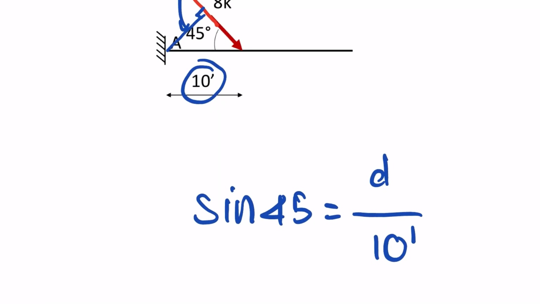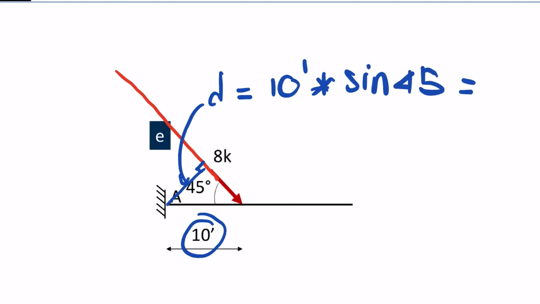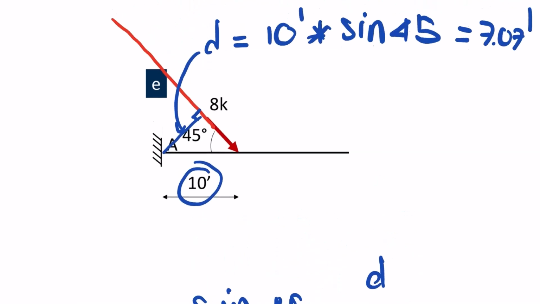So D will just equal 10 multiplied by sine of 45. Sine of 45 equals 10 multiplied by sine of 45. We will have this one equal to 7.07 feet. Okay, so the moment is very simple.